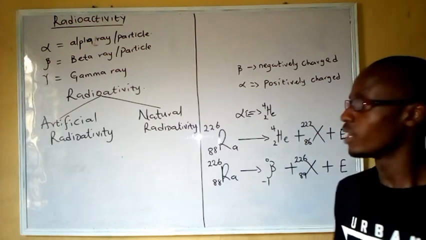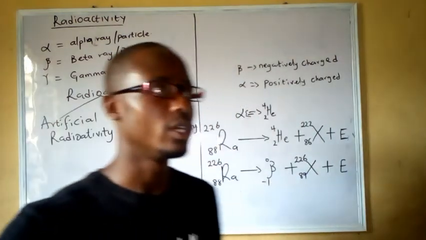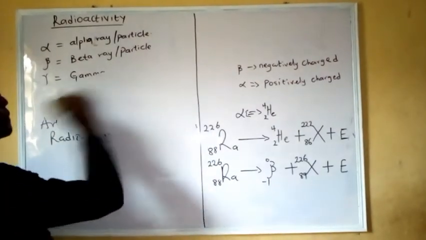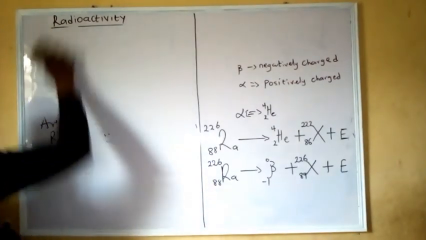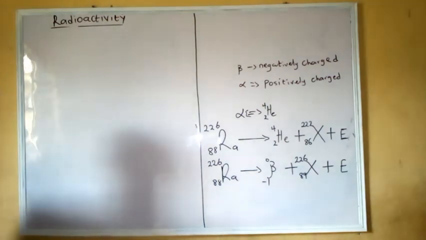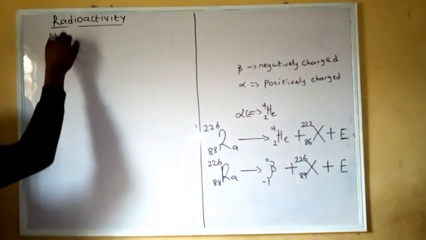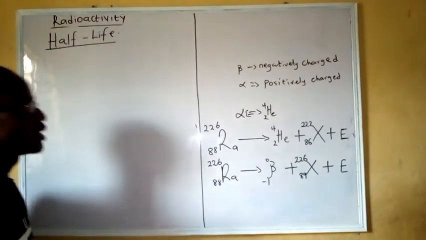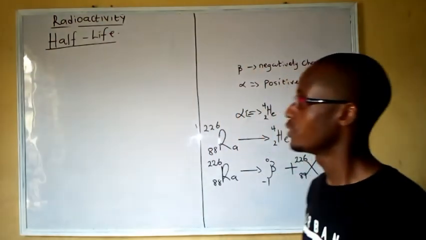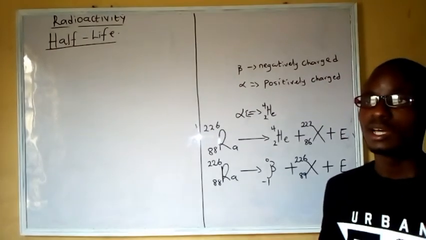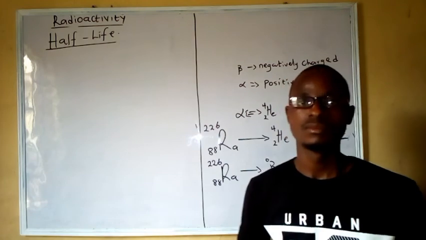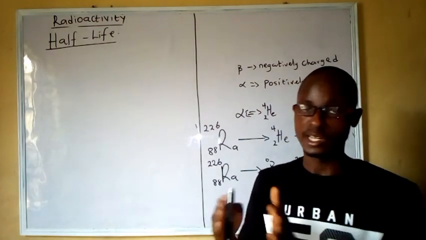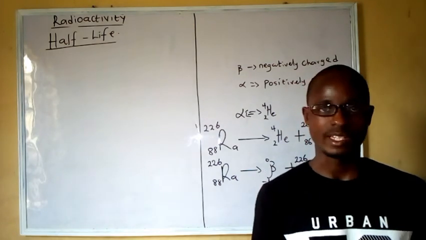However, let's move straight away to half-life. Now, the half-life of a radioactive element is the time taken for half of the whole number of atoms present in an element to completely radiate.